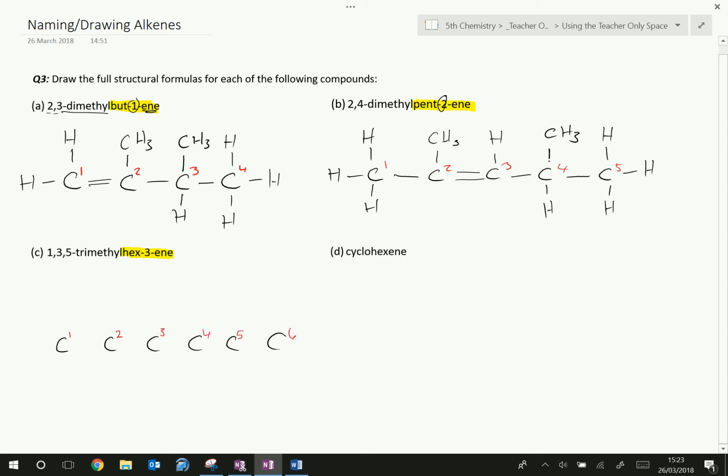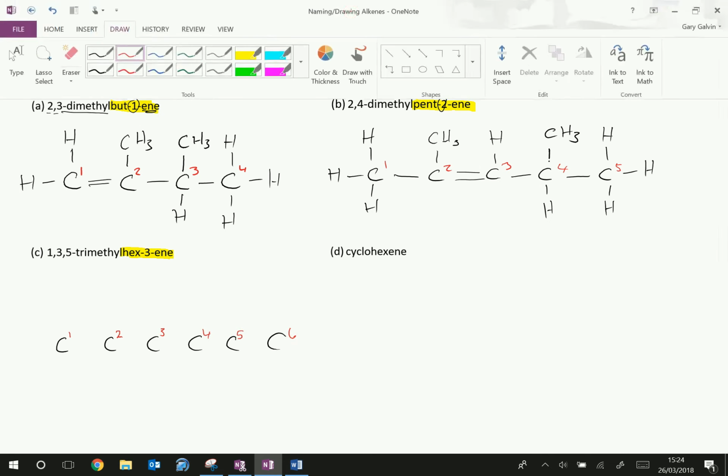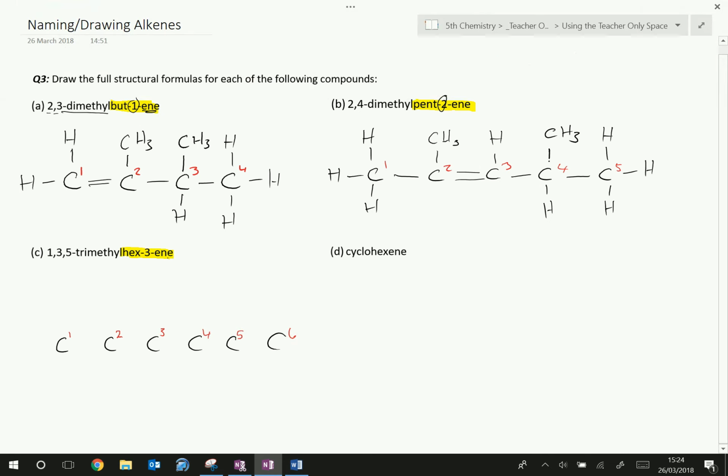So there's my 6 carbons, and from the name hex-3-ene, ene means we have a double bond, and it begins on the third carbon. So double bond going there from 3 to 4. The rest of the bonds there I can fill in as single bonds. We'll only ever have 1 double bond.